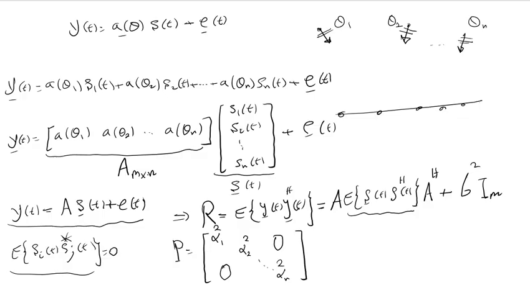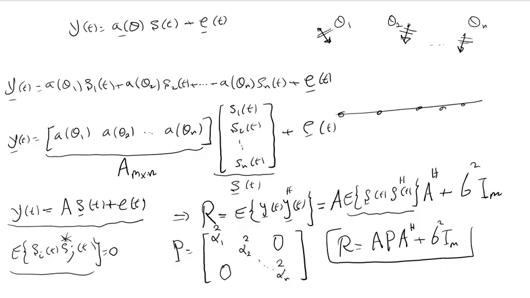In the case of coherent or correlated signals, this will be different. Okay, finally we have R equals A P A Hermitian plus sigma squared I. This is the correlation matrix for the array signal model.